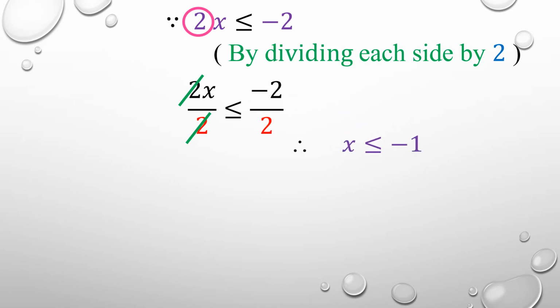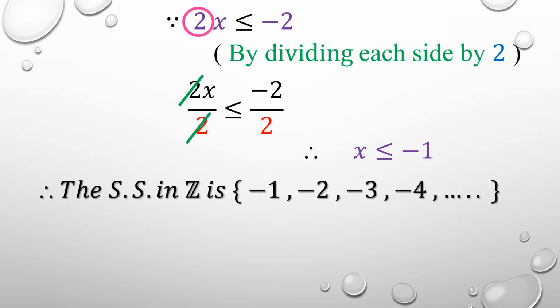So the answer will be x less than or equal to negative 1. And the solution set is all integers which are less than or equal to negative 1. So the solution set in Z will be: we take negative 1 because it said less than or equal. So negative 1, negative 2, negative 3, negative 4, and so on.